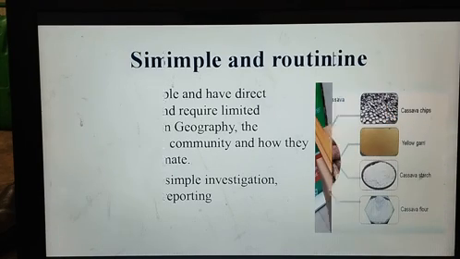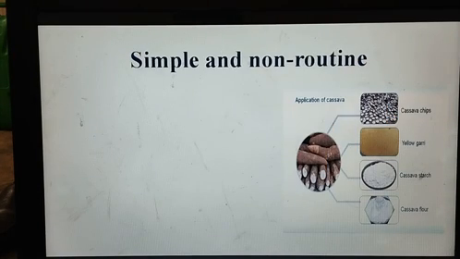So if we continue, we have what we call the simple and non-routine projects. These ones solve non-routine problems. Remember, we said non-routine problems are sequences of problems that occur seasonally.